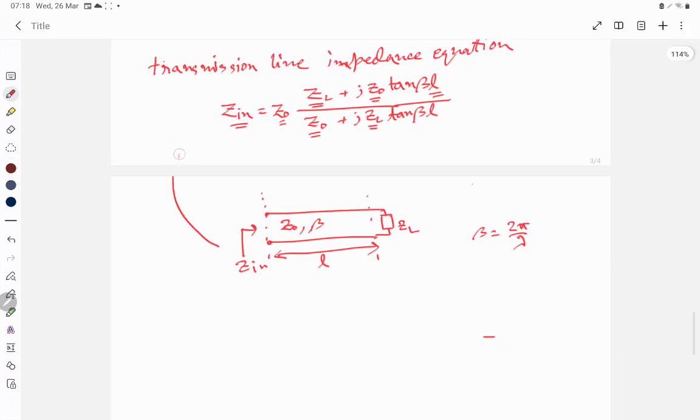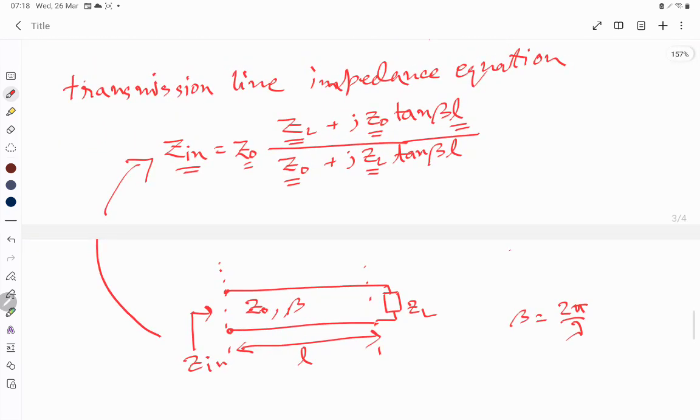Then this gives you the equation for the input impedance. Now what is curious about it is that for a particular Z0, we can utilize these two parameters, the ZL value and the length L, to represent any impedance, be it a capacitive reactance or an inductive reactance at Zin.